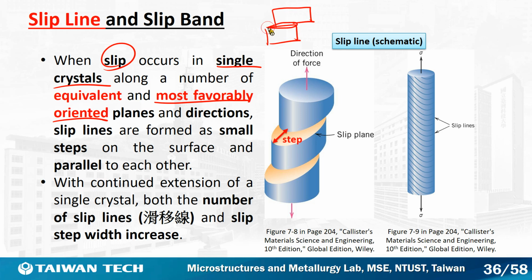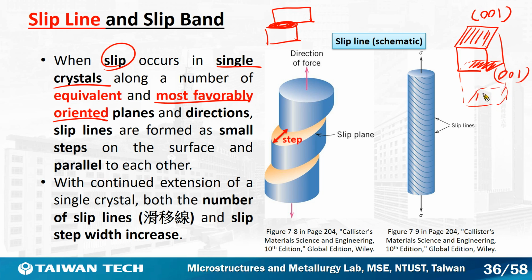So this is the slip plane here, right? And then we have numerous planes here. For example, let's draw an FCC here. We know that this is a 001 plane, right? However, this is also a 001 plane.